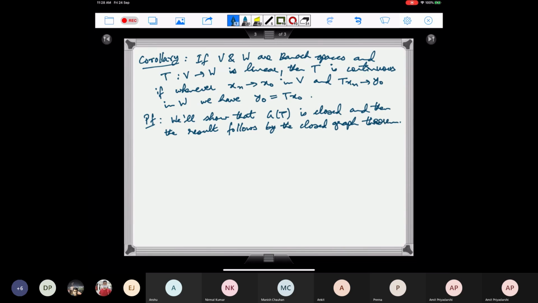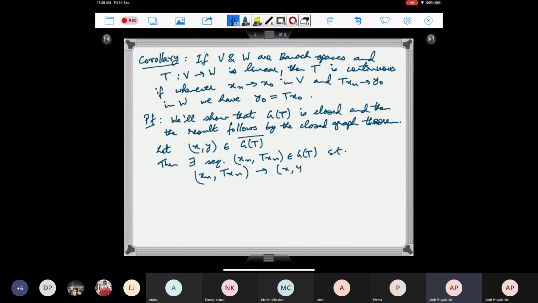So to prove that the graph of T is closed, let some (x, y) belong to the closure of graph T. Then there exists a sequence (xn, Txn) in graph T such that (xn, Txn) converges to (x, y).